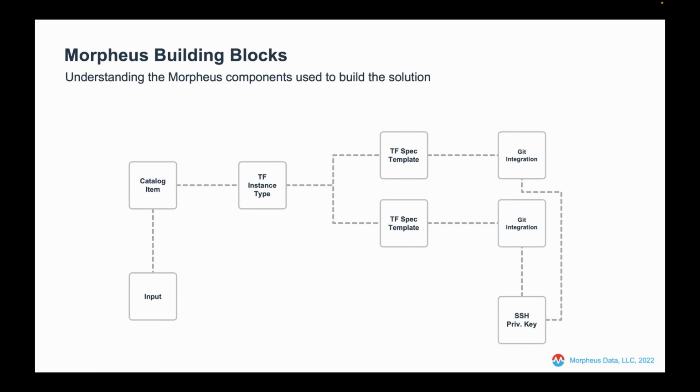But at a high level, it's the ability to leverage the instance types to compose the spec templates that we have, which may be in Git repositories or may be added locally to the platform, but also to leverage the self-service functionality of the Morpheus platform to create those catalog items and then even expose those up into ServiceNow from an integration standpoint.